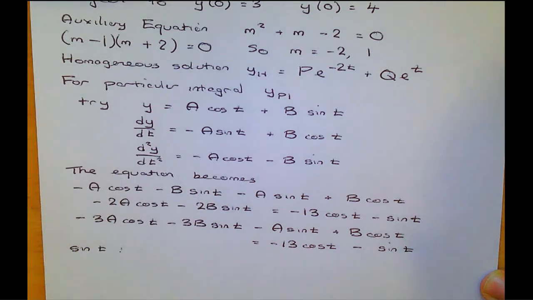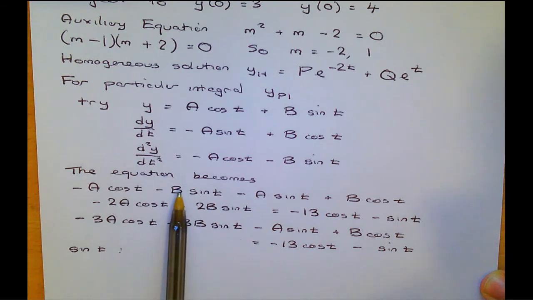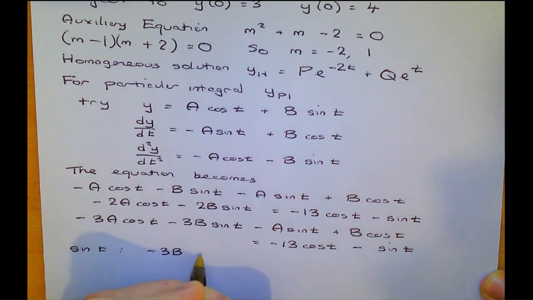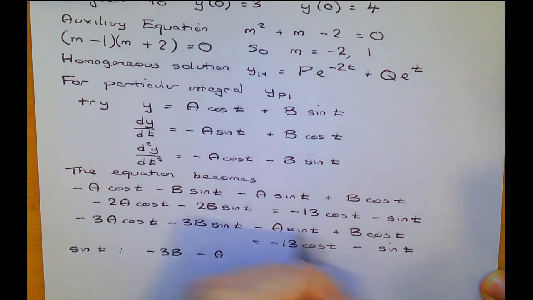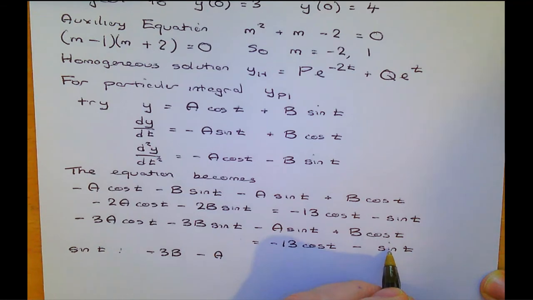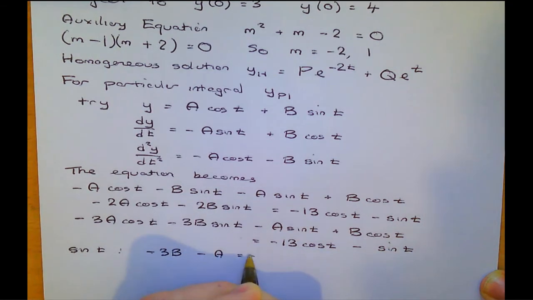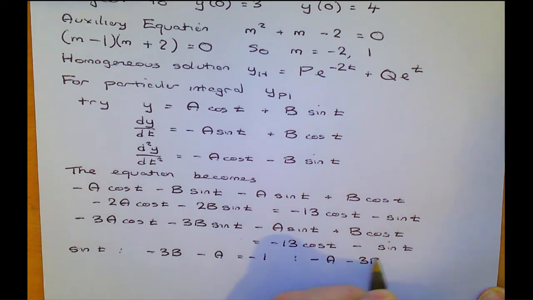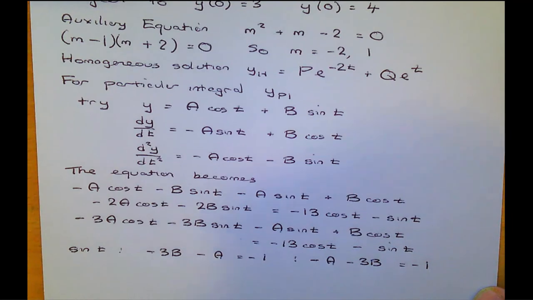what do we have involving sine t? We've got minus 3b of them, minus a of them, and we get minus 1 here. Minus a minus 3b is equal to minus 1, and we can call this one equation 1.